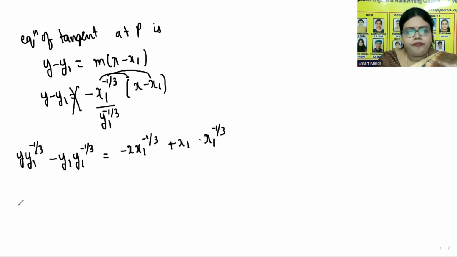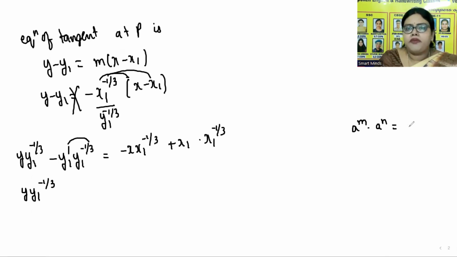Okay. So here you have y1 power 1 and here you have y1 power minus 1 by 3. So you can add these powers because we know that a power m into a power n is a power m plus n.